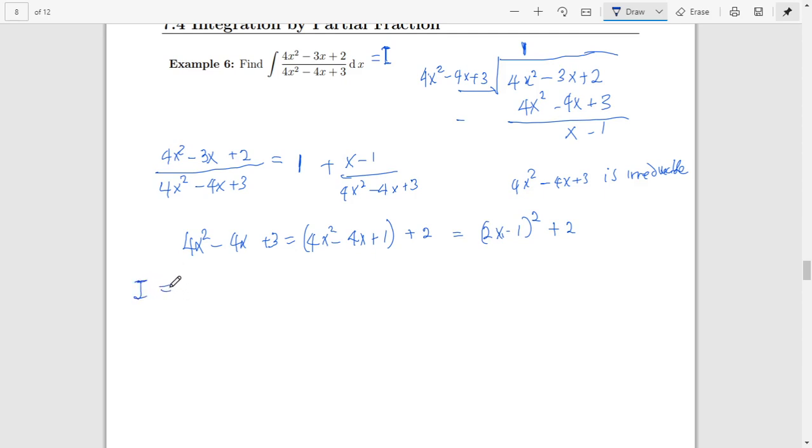So my I, which is the integral of that, will be the integral of 1 plus x minus 1 divided by 4x squared minus 4x plus 3 dx, which is the same thing as the integral of 1 plus x minus 1 all over our completed square, 2x minus 1 squared plus 2, dx.